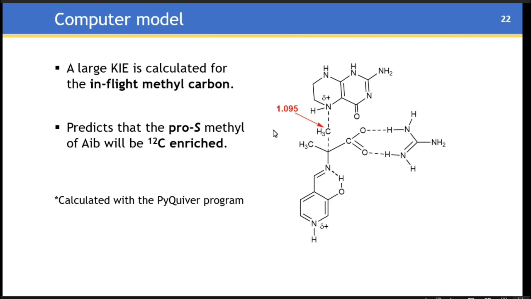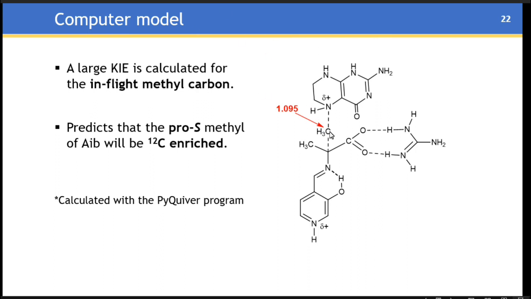You can also calculate an isotope effect here. This is using the PyQuiver program. And this predicts that the C12 methyl will be transferred in this reaction 9.5% faster than the C13. That's a 12 to 13 rate ratio, called the kinetic isotope effect, 1.095.